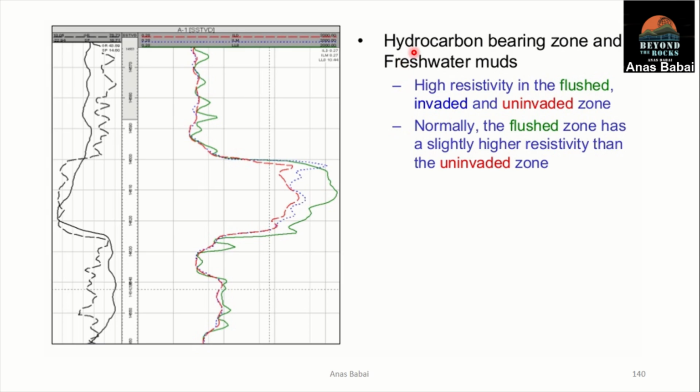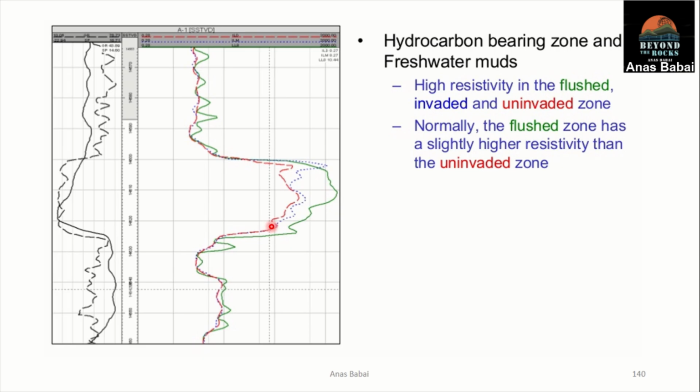And since the formation fluid is hydrocarbon, which also has a high resistivity, we will see that the induction log deep, in red, and the induction log medium, in blue dotted lines, will also have high resistivity.